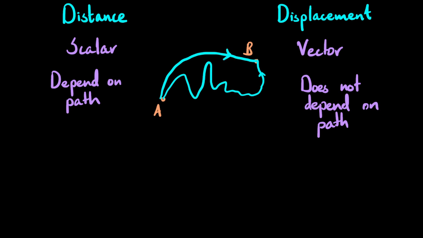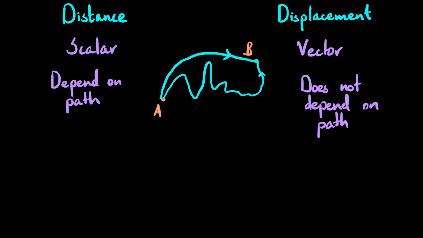This could also be another path, and you can have many more paths like this. For each path, the distance traveled would depend on the path, which is why we actually think about roads when going from one place to another, because we are undertaking some journey, so we will be traveling some distance. Maybe through this squiggly path the distance would be a bit more, maybe a bit less in this one.